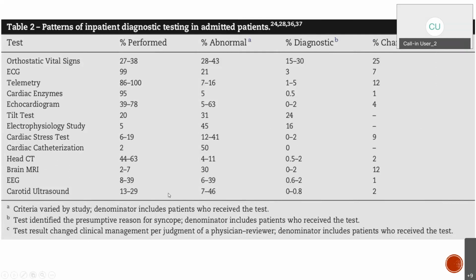Really the biggest things that are both diagnostic and change management are the orthostats, and seeing what their EKG and telemetry monitor look like. And last but not least, a basic H&P would affect management more than anything. So a lot of the testing is really based on what you're getting from the patient as far as why they're coming in.